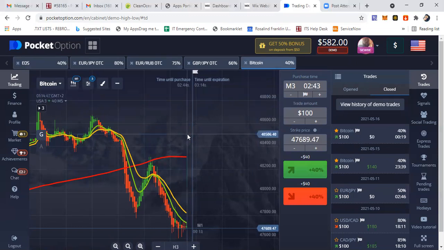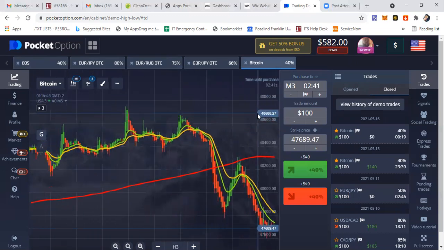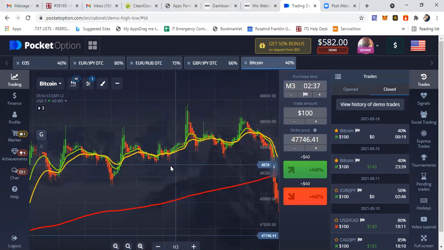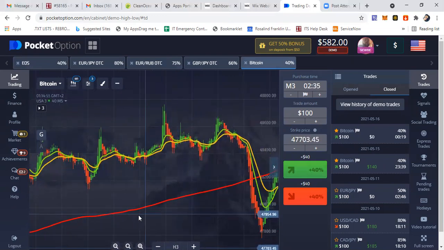So anyway, enough rambling. We've got the 200 moving average here, which shows that the market is in an uptrend on the 1 minute time frame. When the 10 and 20 are above the 200 moving average, I only take buys.